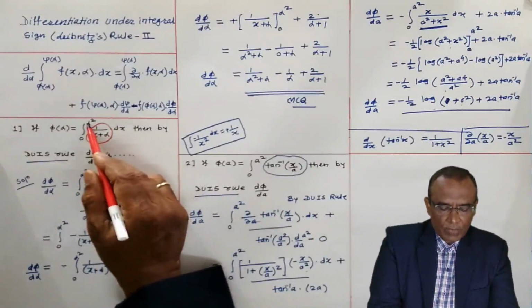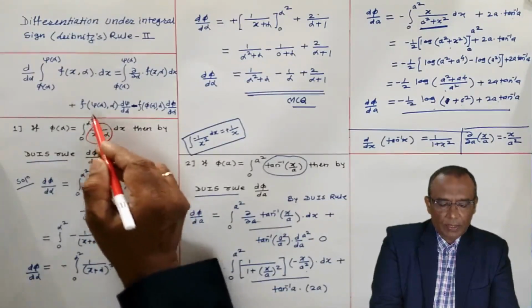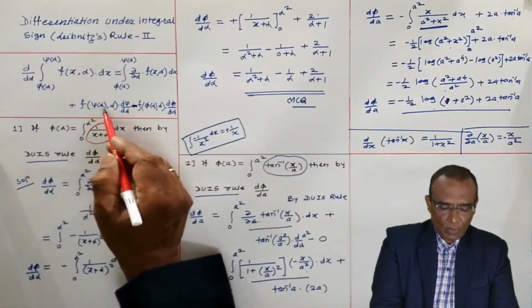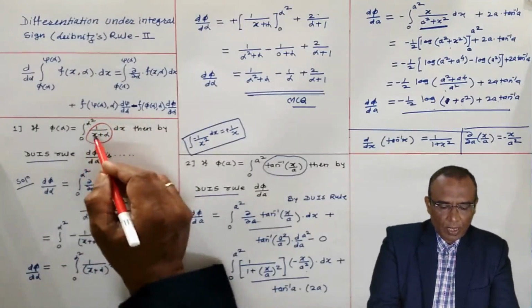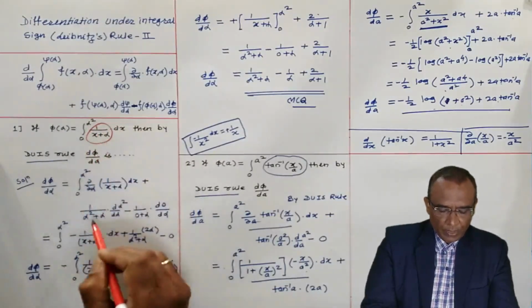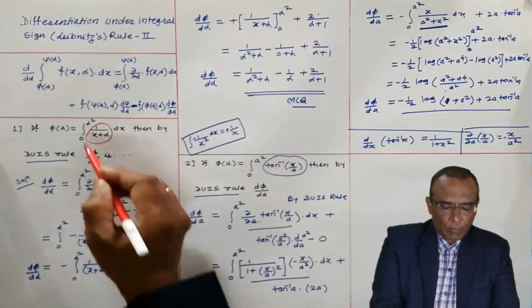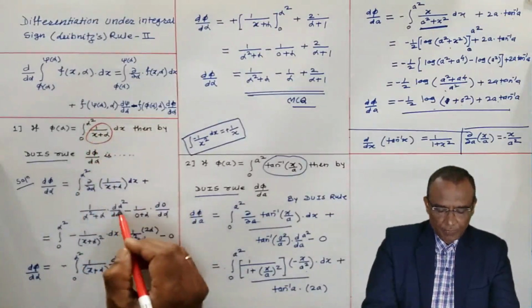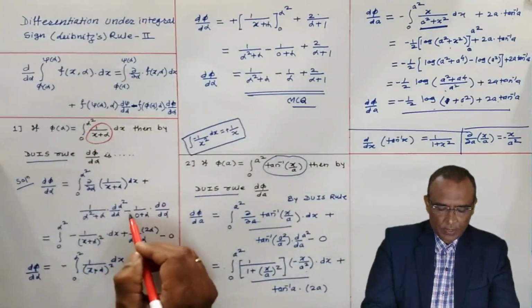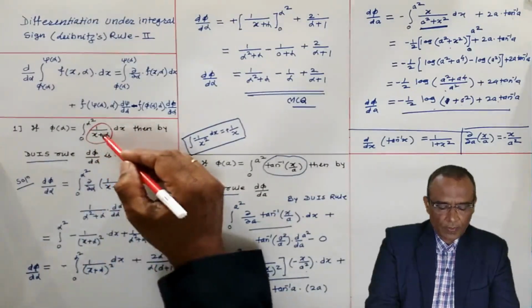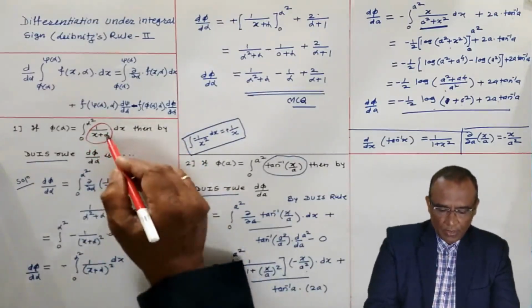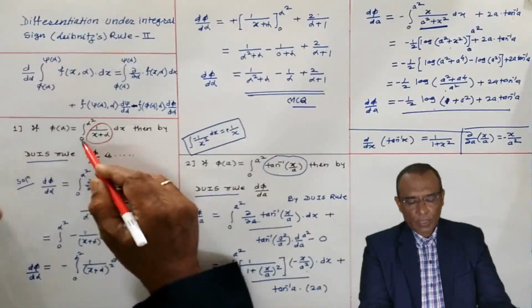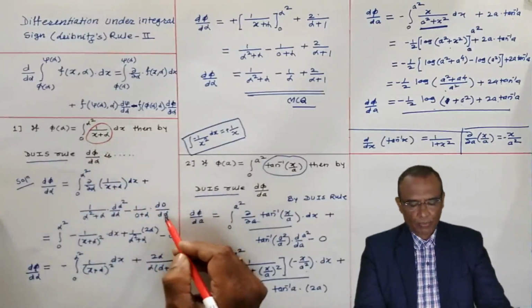Put x equal to alpha square, and that will be this term, f of psi alpha comma alpha, which is 1 by alpha square plus alpha, multiplied by the derivative of the upper limit alpha square. Now the third term, minus: in this integral function, put x equal to 0 plus alpha, and the derivative of the lower limit with respect to alpha.